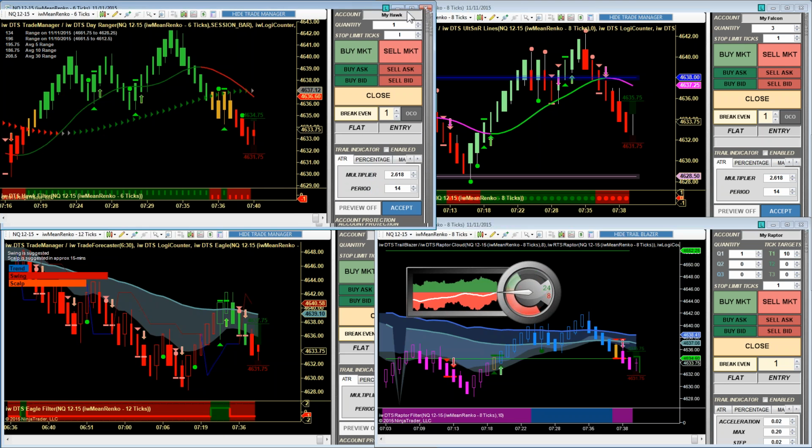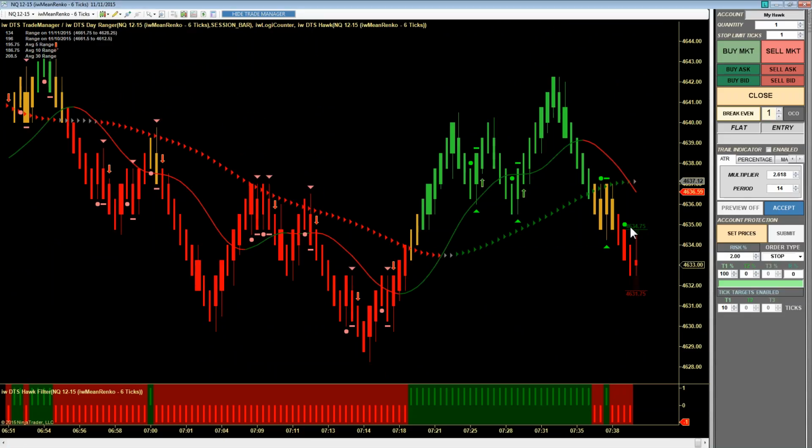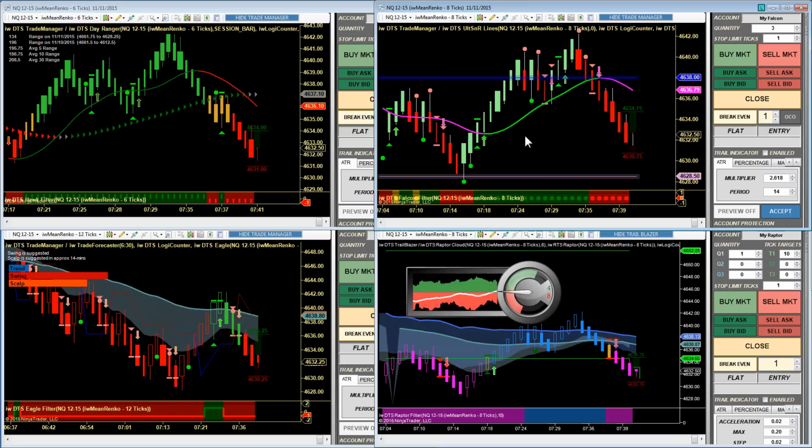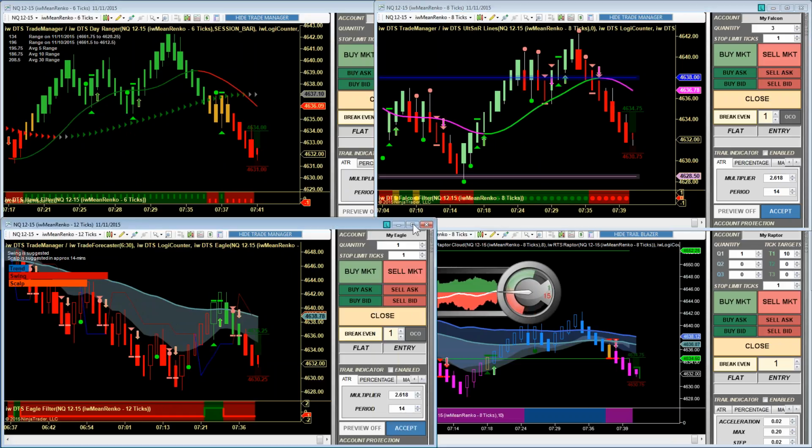Here on the Hawk, we're generating the beginnings of a red bar buy signal. This is one of the weaker signals in our signal assortment. No, now they're going to perhaps move away from that and void the signal. Yeah, see the warning dot disappeared. No doubt it's due to this hard edge bounce here on the Eagle.